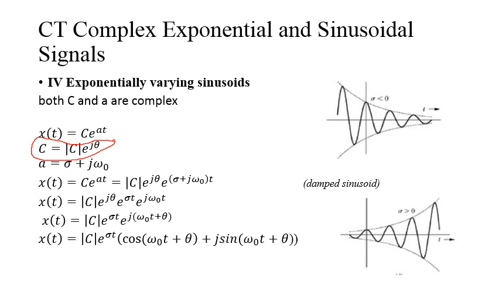So in rectangular form, for example, z is a complex number, then z equals a, which is the real part, plus j b, where b is the imaginary part. This we call the rectangular form.